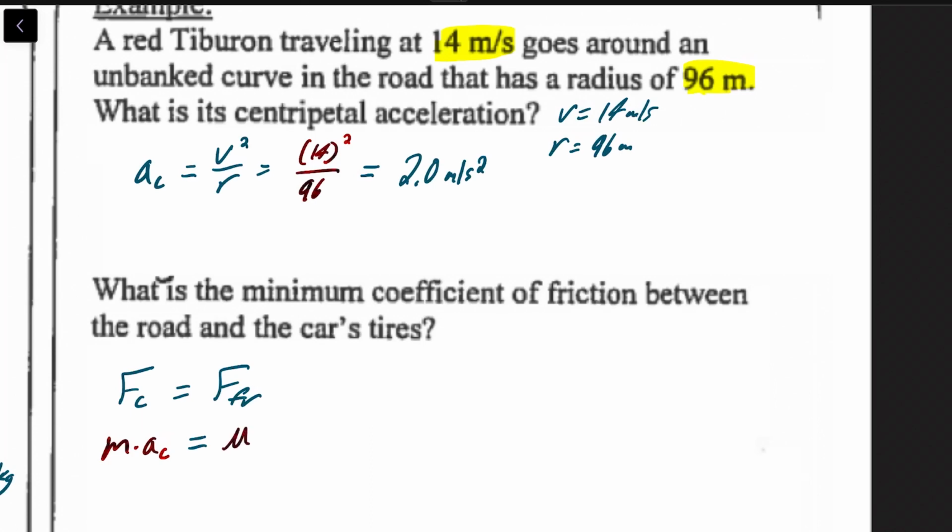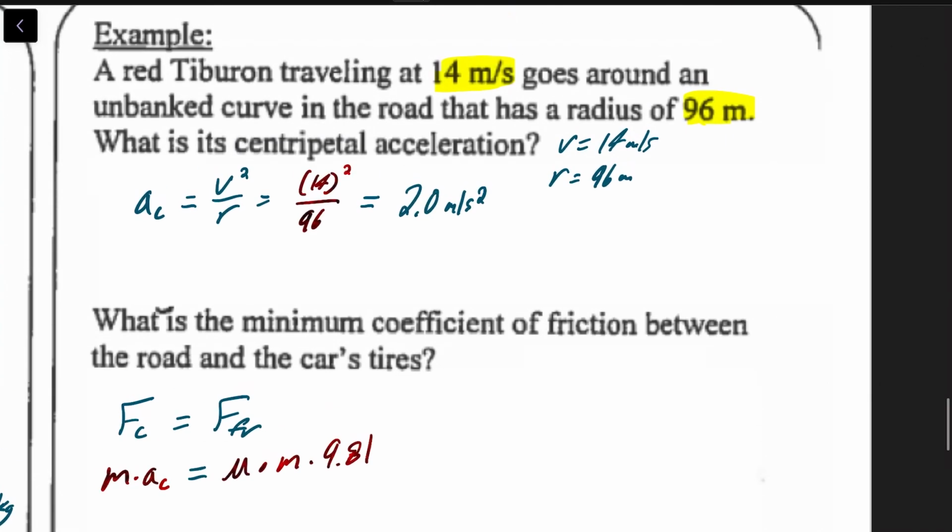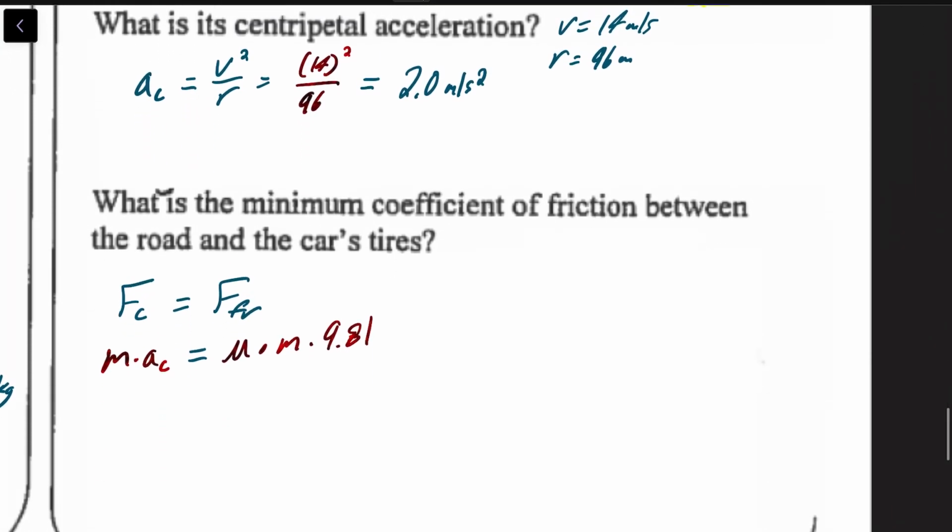Instead of writing force normal, I'm going to write mass times 9.81, because force normal in this situation is just equal to force gravity, which is mass times the acceleration due to gravity. I don't have the mass of the Tiburon, but once I write it out like this, I can see that the masses actually cancel out.